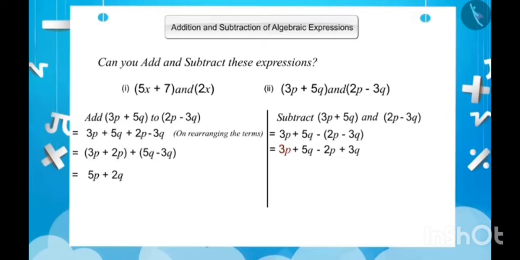Here, 3p and 2p and 5q and 3q are like terms. So, we will rearrange the like terms. 3p minus 2p in brackets plus 5q plus 3q in brackets. By combining the like terms, we will get 1p plus 8q.